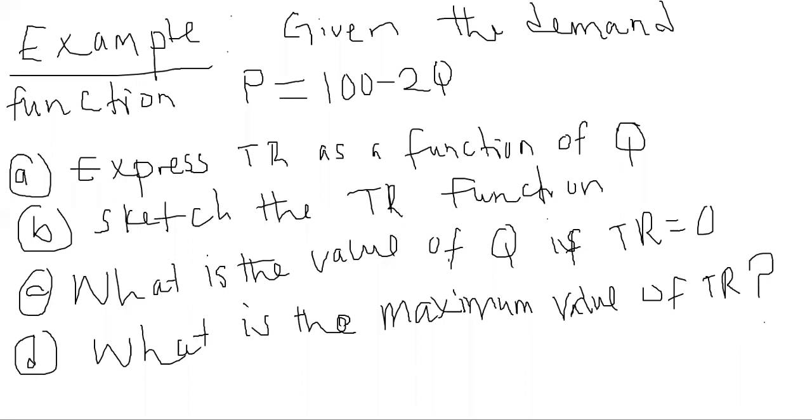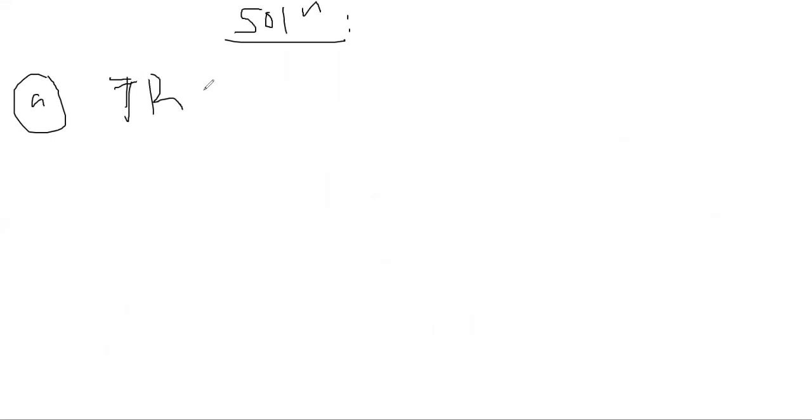First of all, what the question is asking us is that we should derive the total revenue function solution. So A is asking us to find what? TR, that is total revenue. And we know that TR is the price times quantity.